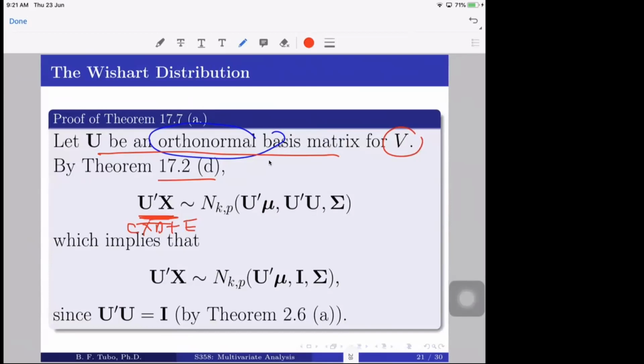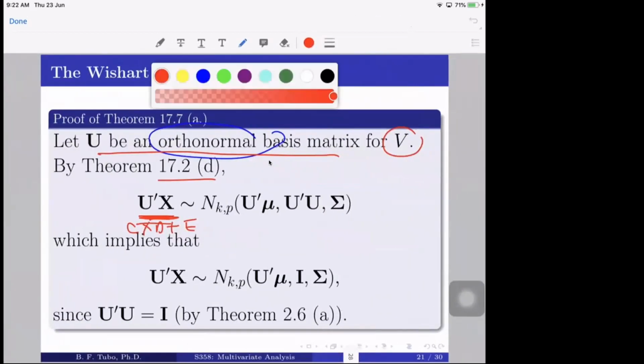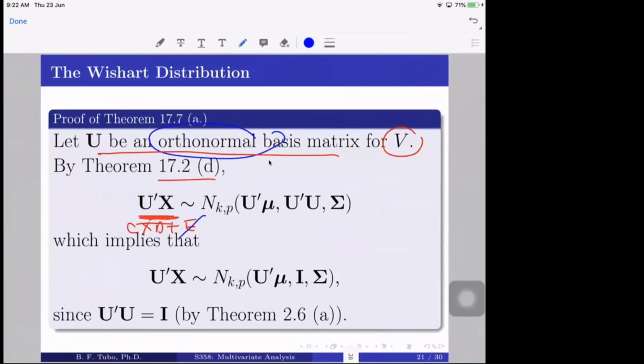But this time, it is zero, and this is identity. So what is left is CX. Normal.